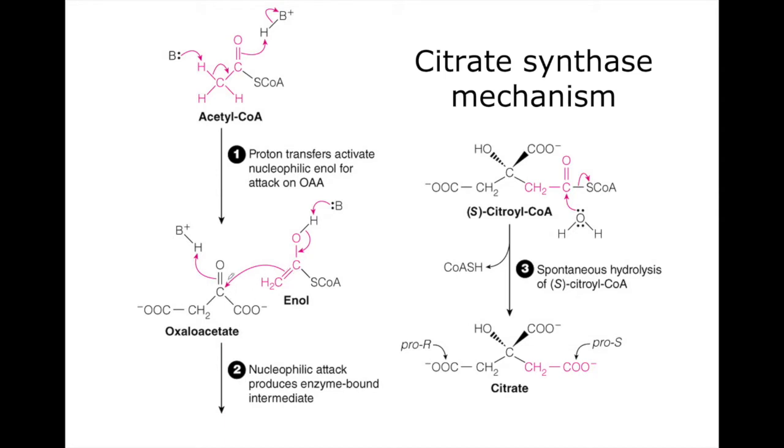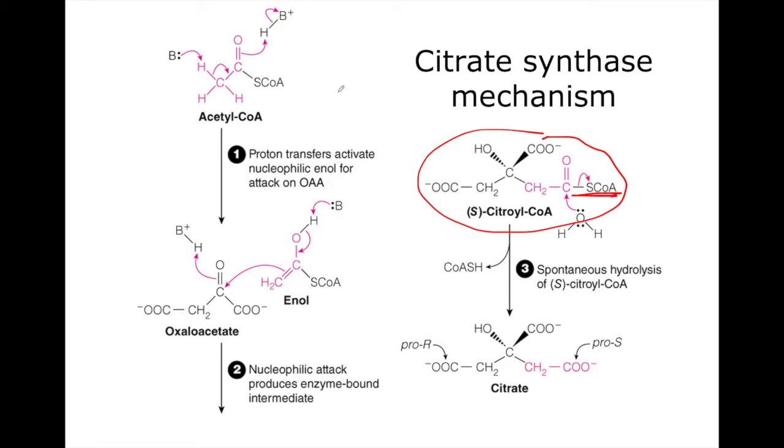This enol then attacks our oxaloacetate. So essentially, we're adding our 2-carbon acetyl group onto our oxaloacetate to form our 6-carbon intermediate here. And that's what you see here. We don't need to worry about the names of this, but we have our 6-carbon intermediate. What I want you to notice here is that we still have that coenzyme A bonded.